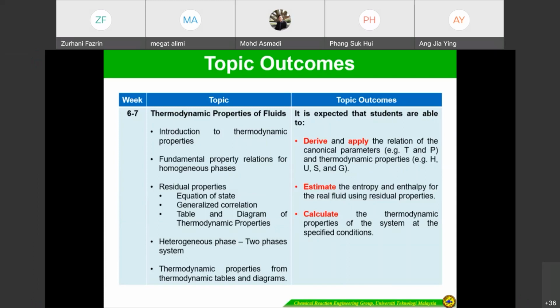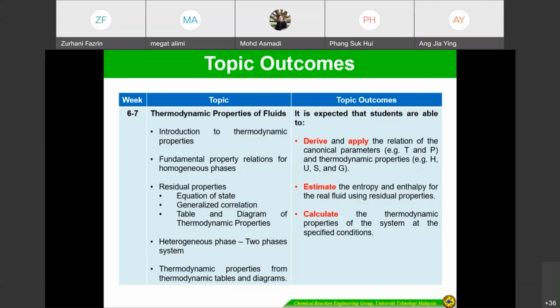That's why you need the knowledge from chapter 3, because all the data that you need, the data in table 3.1 as well as table B1 or C1 in the appendix, you have to use to calculate the residual properties.